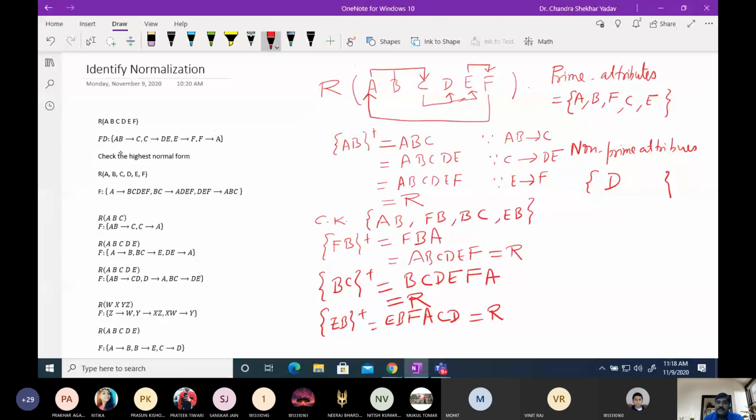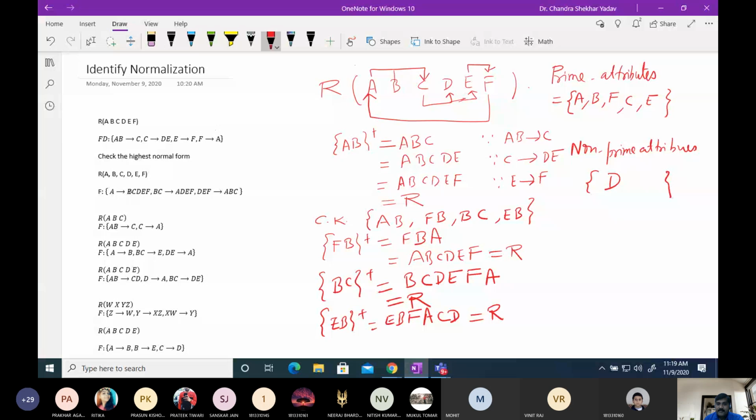So we will check the constraint for each FD. We will check the constraint of BCNF for each functional dependency. So what is the constraint for BCNF? A relation is said to be in BCNF if and only if every determinant is a candidate key or super key.